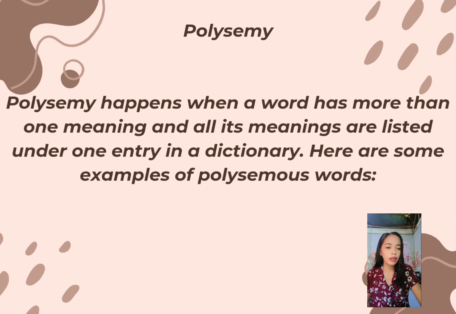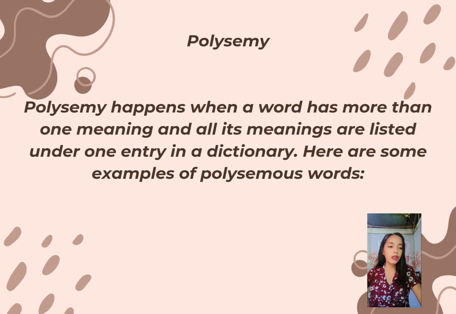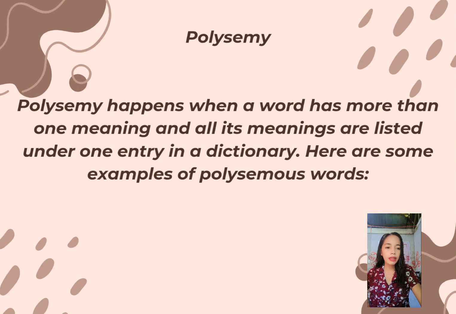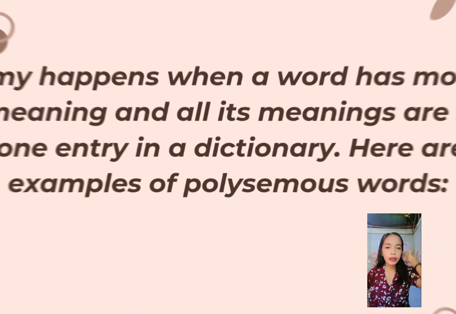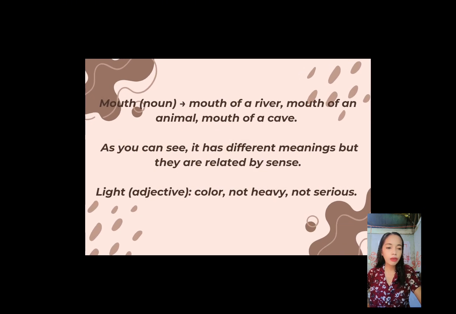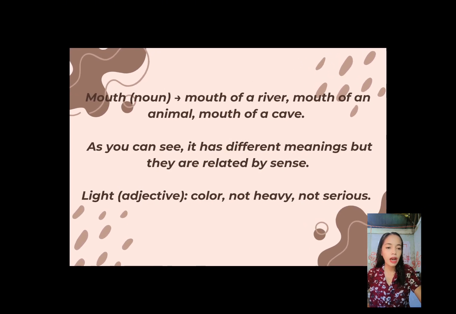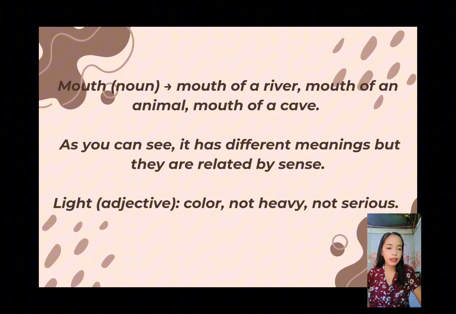Polysemy happens when a word has more than one meaning, and all the meanings are listed under one entry in a dictionary. Here are some examples of polysemous words. Mouth, a noun: mouth of a river, mouth of an animal, mouth of a cave. As you can see, they are different meanings but they can be related by the senses.